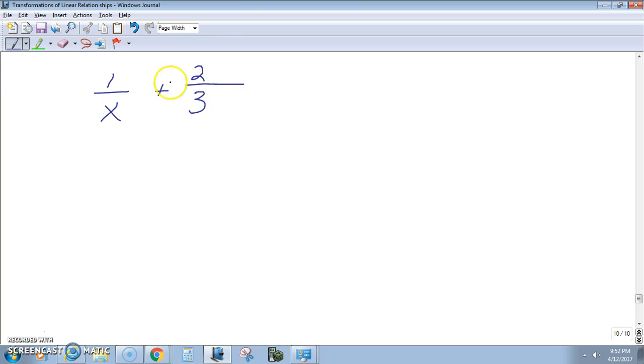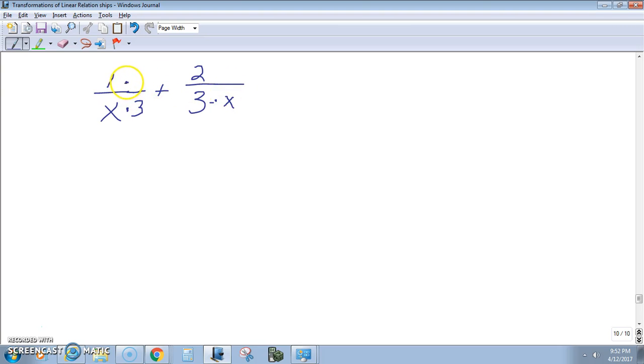Here's what you do. The easiest thing to do is to multiply the denominators times each other, and you get a common denominator, right? So I can multiply this x by 3 and get 3x, and also if I multiply this 3 by x, I get 3x. Okay, so that's a common denominator. When in doubt, you can just multiply them to get that common denominator.